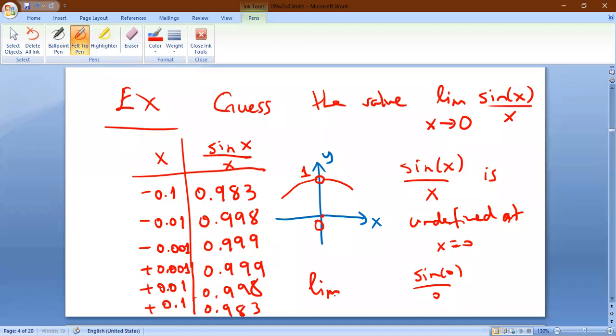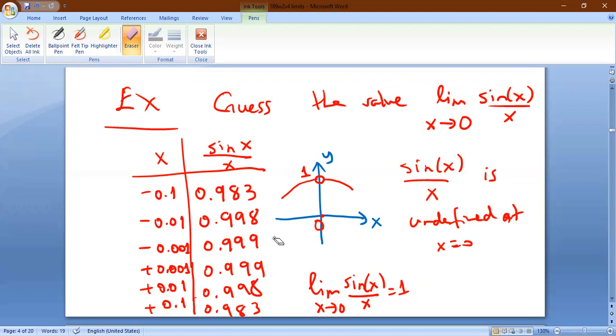So the values are going to approach 1, but there is no definition at 0. Even though the output values are approaching 1, there is no definition at 0. And we see that the outputs are approaching 1, so the limit of this function as x approaches 0 is equal to 1. We can make a guess like this, because we can also see from the table the values are almost rounding to 1.